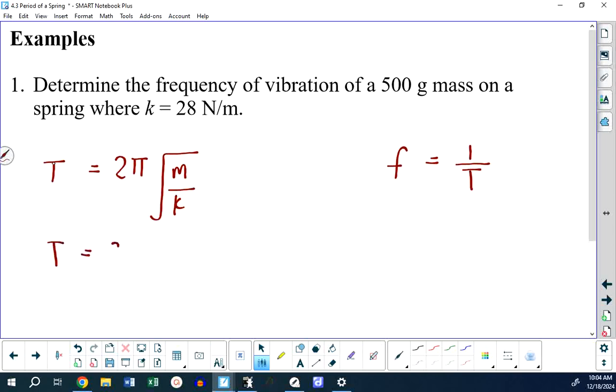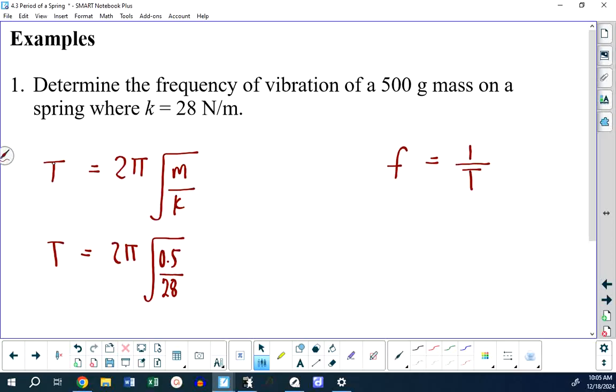The period will be equal to 2 pi times the square root of 0.5 over 28. And once again, particularly for a new formula that's like this one that has square roots, I'm really not concerned about the units. The units work themselves out. And in Physics 30, we worry more about that.